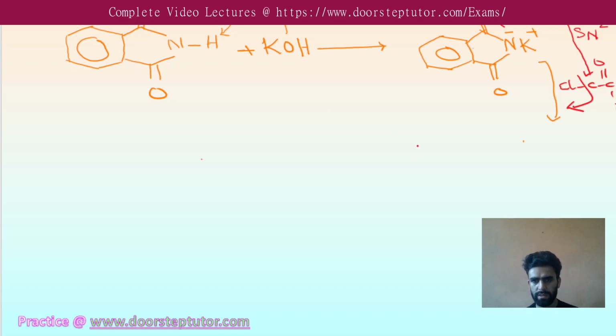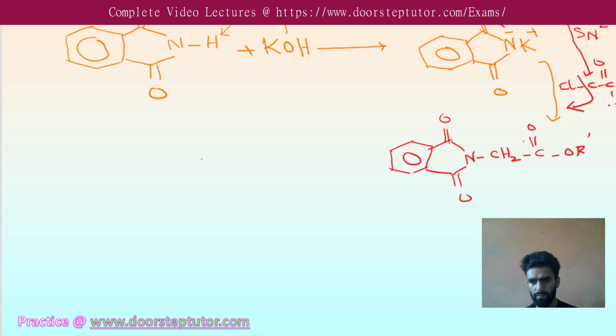Now when it gets removed, we get this type of product. Since an SN2 reaction occurs, we get CH2 here, C double bond O, and here we have OR, and this is CH2.